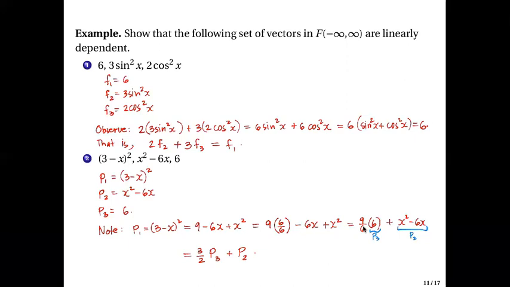So P1 is equal to 3 halves P3 plus P2. And therefore, we were able to write P1 in terms of P2 and P3. So this set here is linearly dependent. Okay?